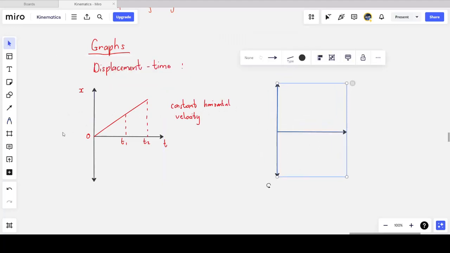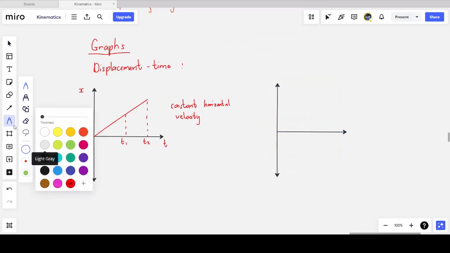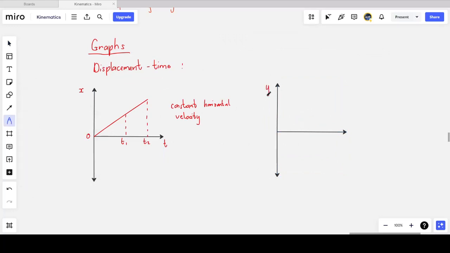And if I were to then sketch a graph of the vertical displacement against time, the vertical displacement goes from 0 to a maximum value, back to 0 again. The ball goes up and then comes down. So it's actually going to be me sketching the path of the ball.